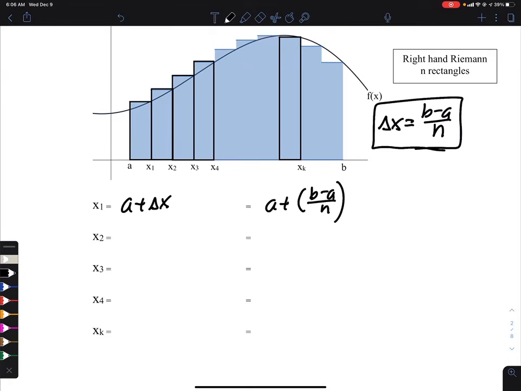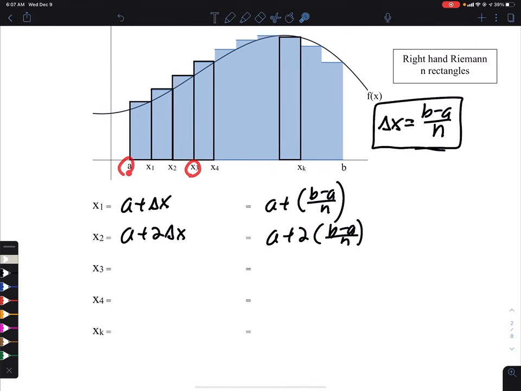Now how about x2? Well, here's x2. You start with A and you move over delta x twice. So it's A plus 2 delta x's. And I think you see a pattern forming. How do you get to x3?